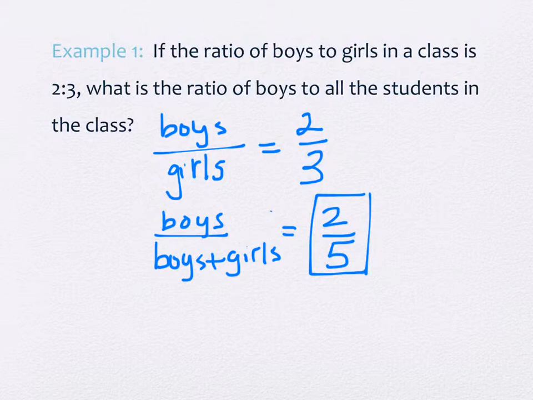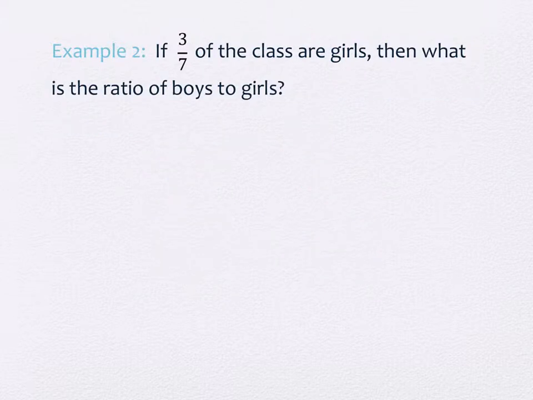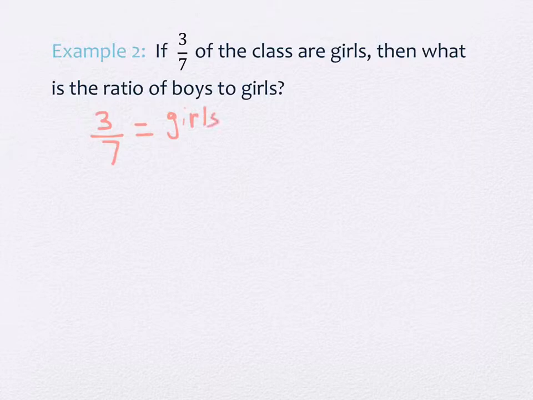We can do this the other way around as well. We can talk about a certain number of the class being girls. So this is 3 out of 7, or 3/7 of the class are girls. Then what is the ratio of boys to girls? So right now I've got 3 out of 7. So the 3 is the girls. What is the 7? The total, which is something like girls plus boys, right?